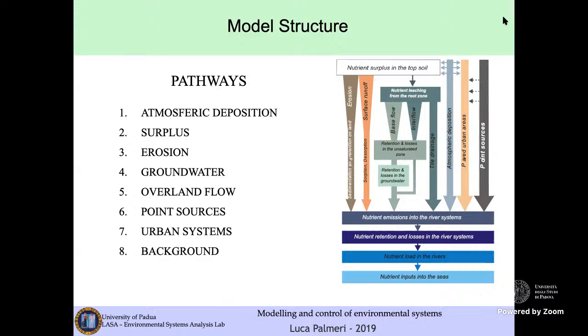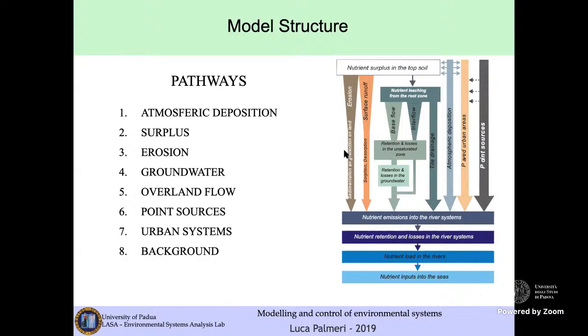All these pathways convey the calculation of estimating nutrient surplus in the topsoil through different processes. Here you have erosion processes, surface runoff. These are nutrient leaching from the root zone, so these are interactions with the groundwater systems. Here you have atmospheric deposition, here you have urban runoff, and here you have point sources, wastewater treatment plants.